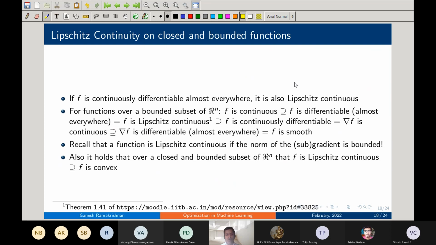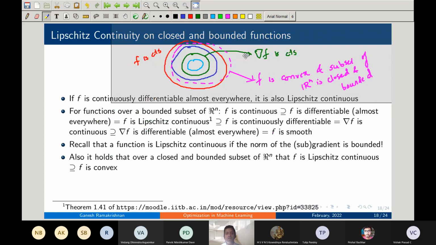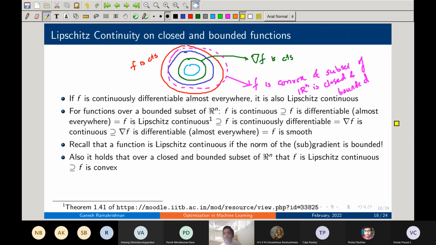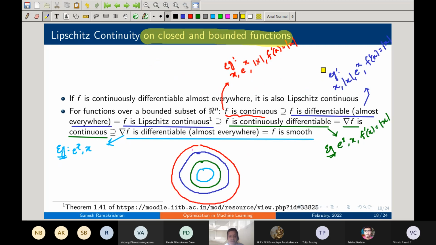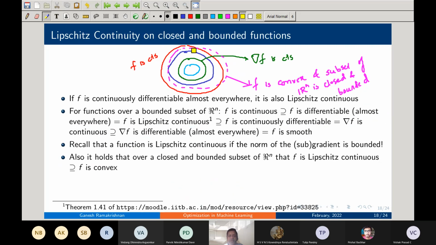So yeah, on a closed and bounded subset of Rn, f is Lipschitz continuous. Now this is interesting, the last point: on a closed and bounded subset of Rn, f being Lipschitz continuous is a superset of f being convex. So now I can just draw a slightly different picture. We have brought in this additional condition here, this pink. If you go back to the previous slide, we didn't have the pink; we had the red. So f is continuous was the largest one.